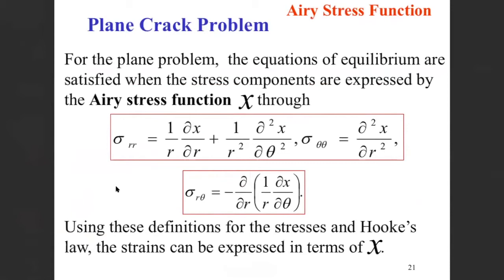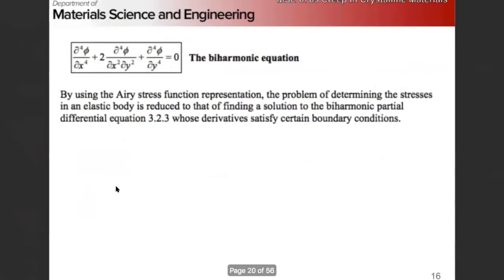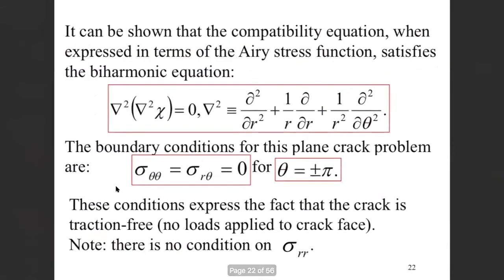Using these definitions for stress and Hooke's law, we can express our strains in terms of our stress function. It's important to remember the stress function itself does not have a physical interpretation. It's just a numerical, mathematical trick. Okay, so our biharmonic equation looks like this.